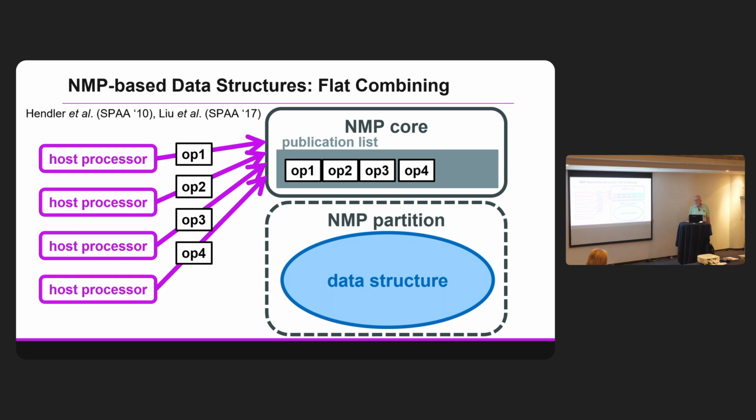So the host can say, please do something for me, come back later and check and see whether it's done, and if so, what the result is. But the fact that we have one thread inside the NMP core which can handle each of these requests and return the response is critical for our kind of software interface.